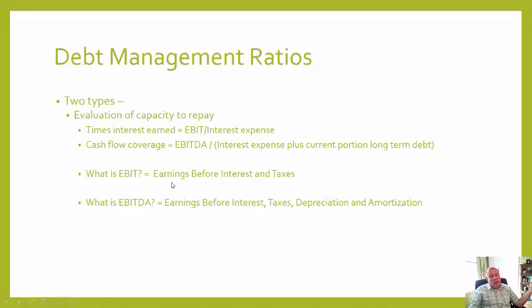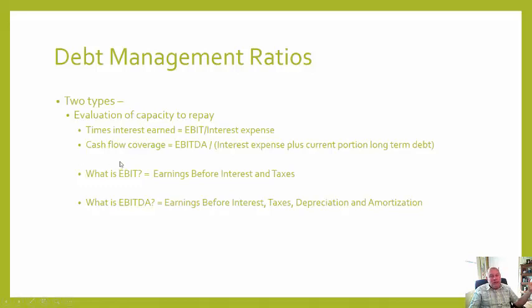So you say, what is EBIT? Well, earnings before interest and taxes, because out of the earnings before interest and taxes comes the firm's ability to pay interest. What is EBITDA? Earnings before interest, taxes, depreciation, and amortization.